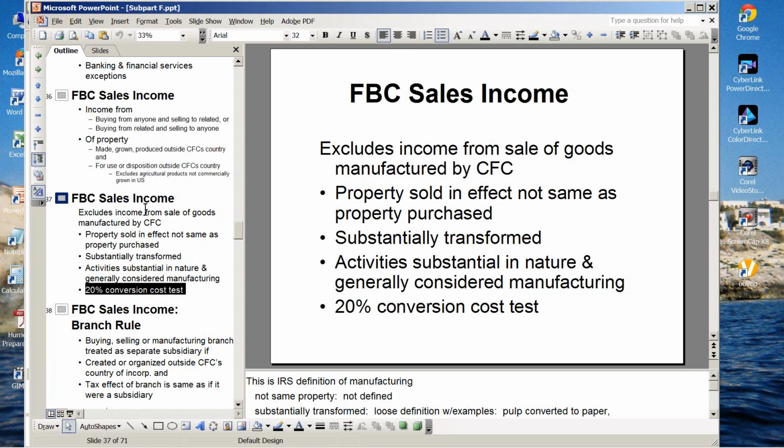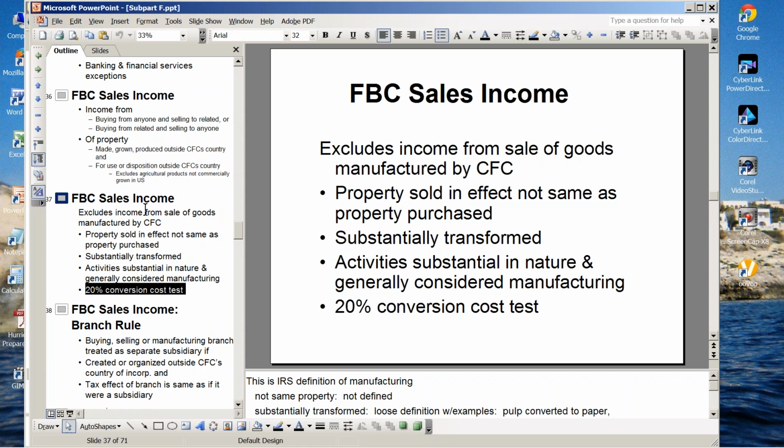Over the years, we'd put a lot of labor and materials into improving that rig. And this 20% conversion cost test applied because the labor that we had capitalized as part of improving that rig exceeded 20% of the basis of the rig.